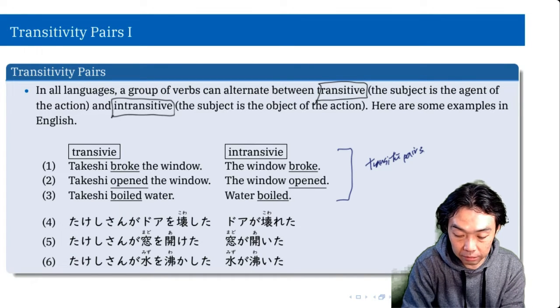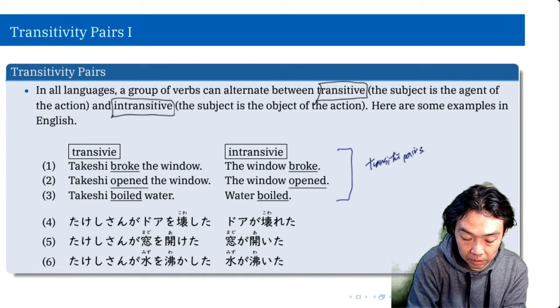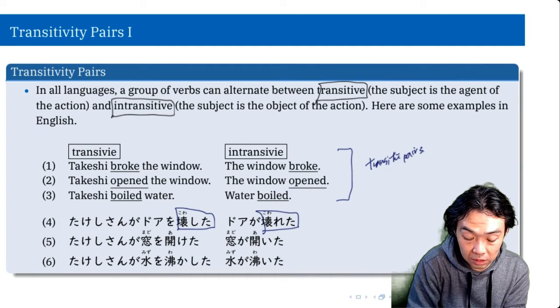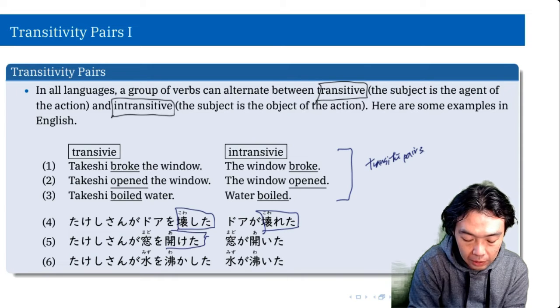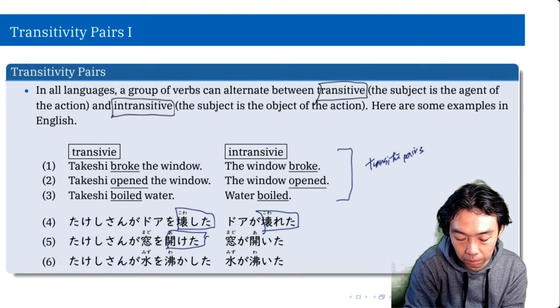We also have the same pairs in Japanese. Kowasu is the Japanese verb to break, and which can be used either transitive, so this is transitive, and this is intransitive. Akeru is to open, which can be used as transitive or intransitive.